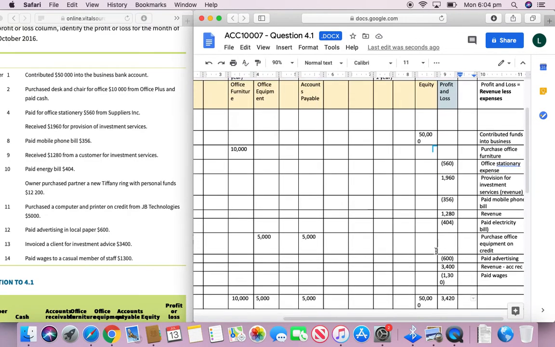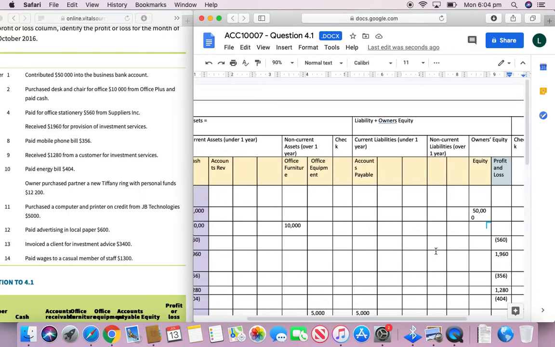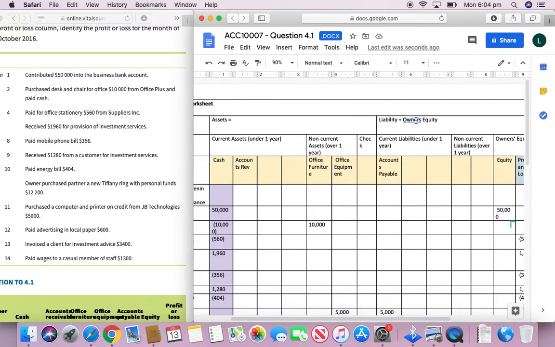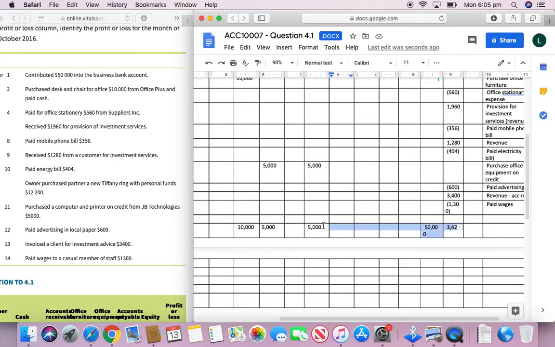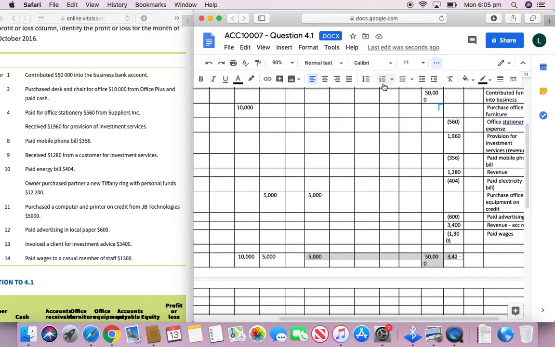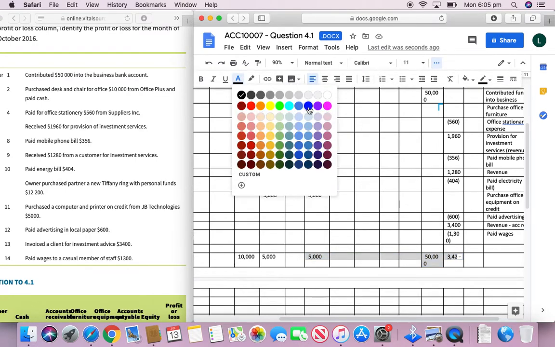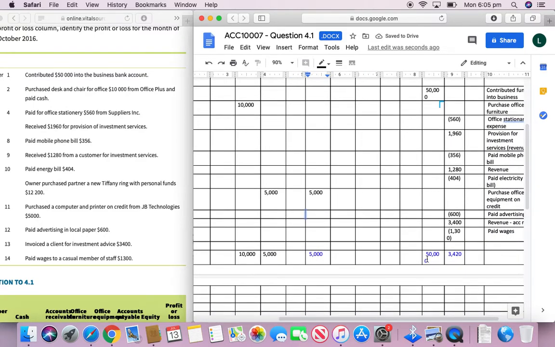So how can we really check what we've done? How do we reconcile it? If we remember, liabilities plus owner's equity equal assets. So in theory, if we add these together, let me get my calculator up. 3,420 plus 50,000 plus $5,000, I'm just going to write it here.